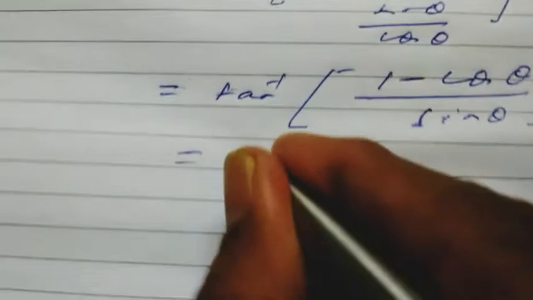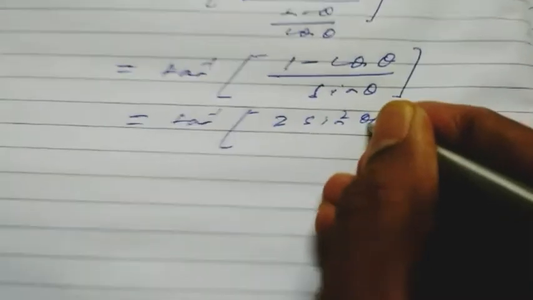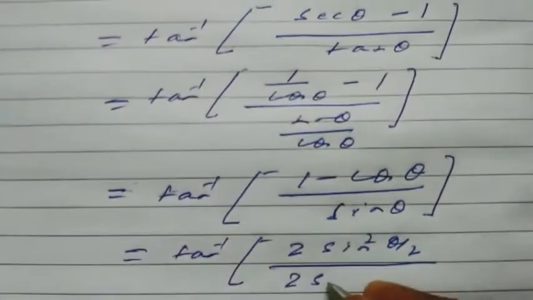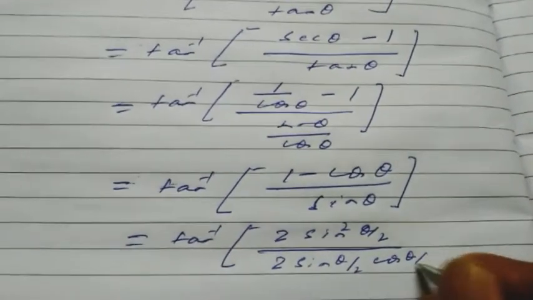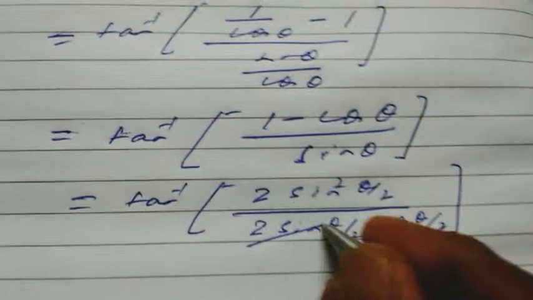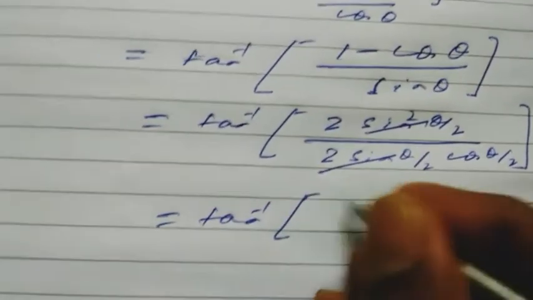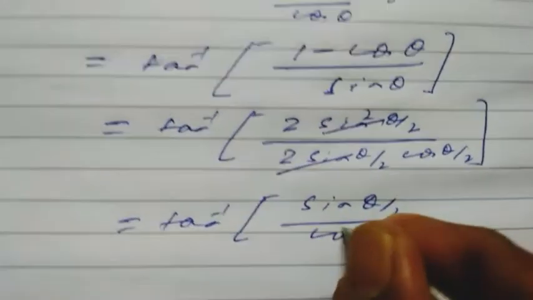And when we go with the formula related to submultiple angles, 1 minus cos theta is 2 sine square theta by 2. And also sine theta can be written as 2 sine theta by 2 into cos theta by 2. By cancelling all these, this will be tan inverse of sine theta by 2 upon cos theta by 2.